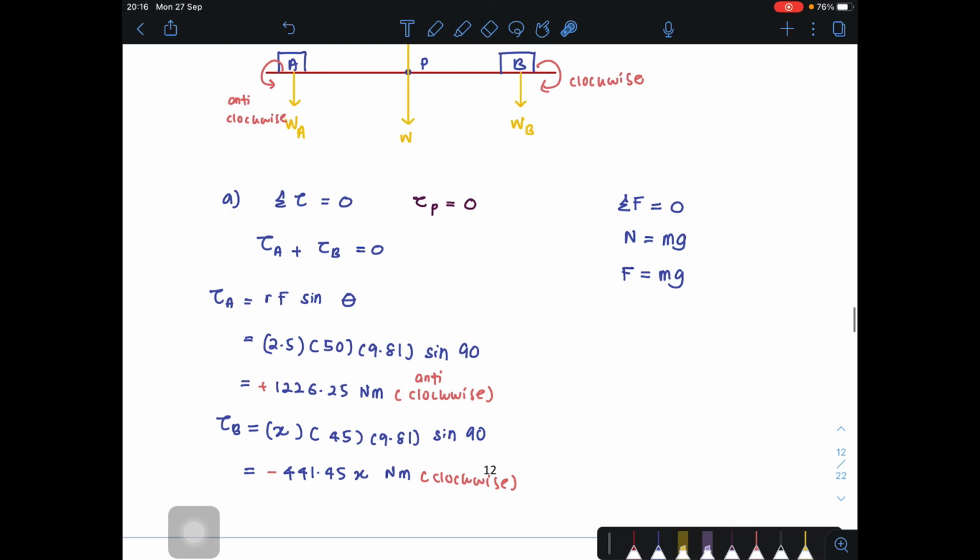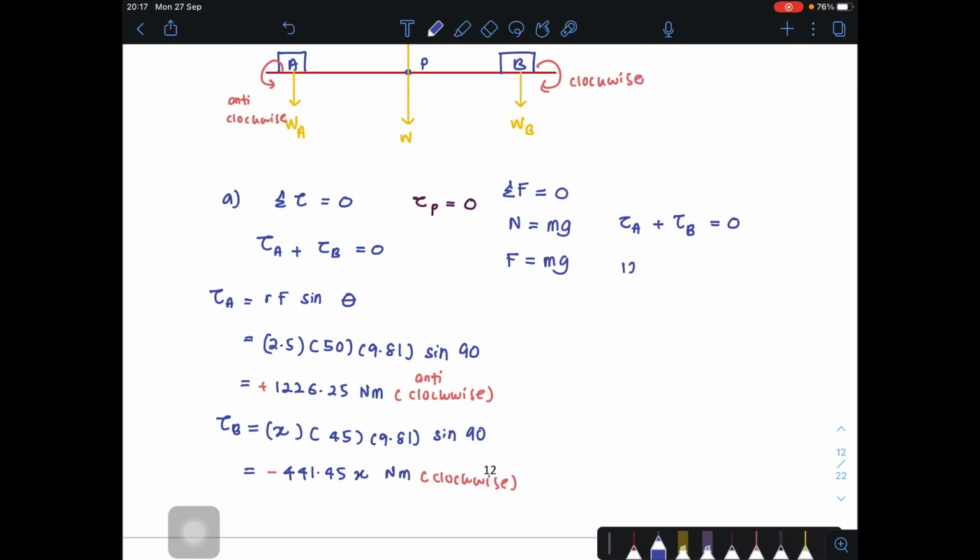Okay, so now that we have torque A and B, we can find the value of x using this. So the sum of torque A plus torque B is equal to 0.